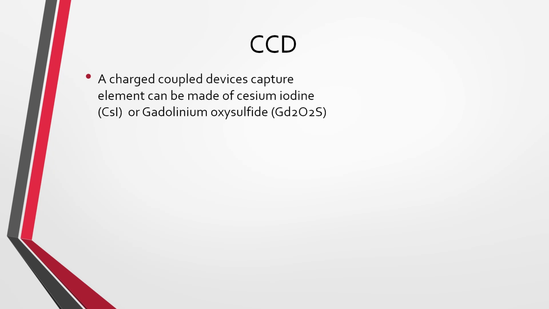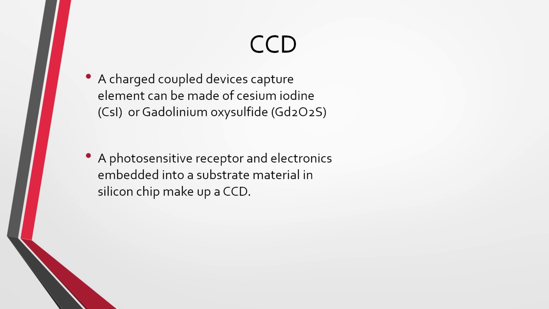Okay, so a CCD, a charge-coupled device capture element, can be made of cesium iodide or gadolinium oxysulfide, which is just the phosphor. A photosensitive receptor and electronics are embedded into the substrate material on a silicon chip to make up the CCD.